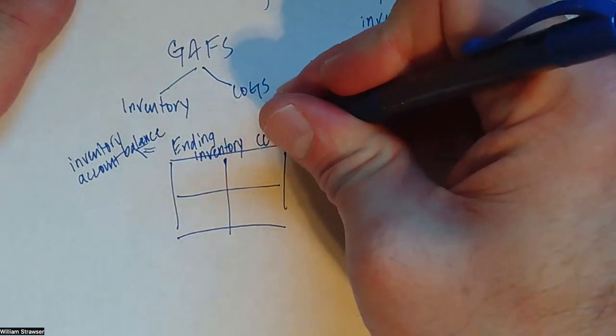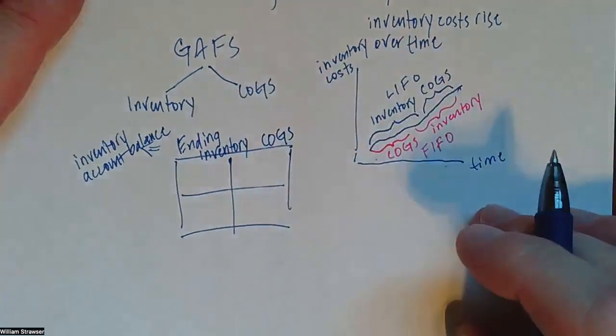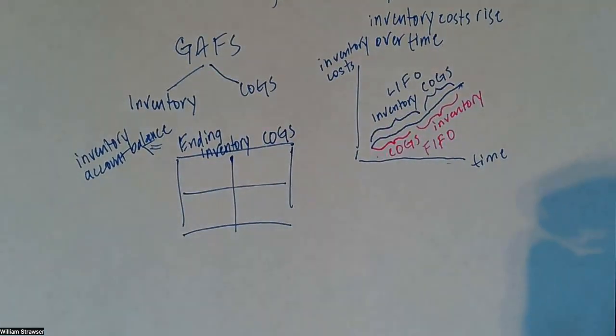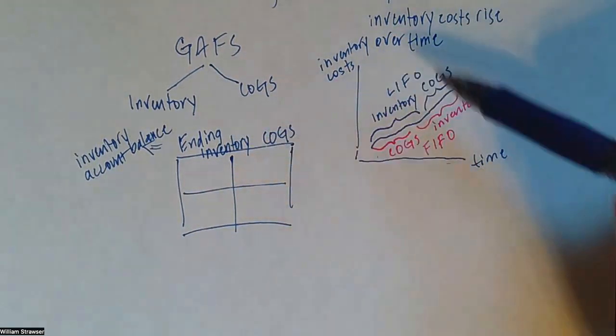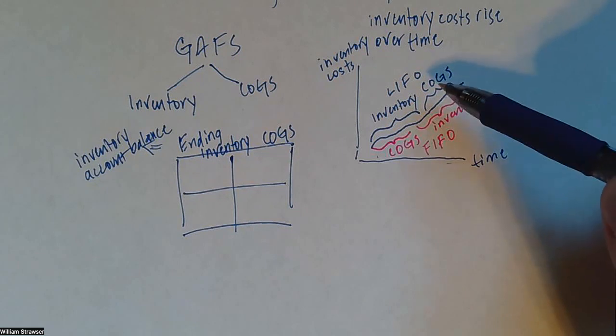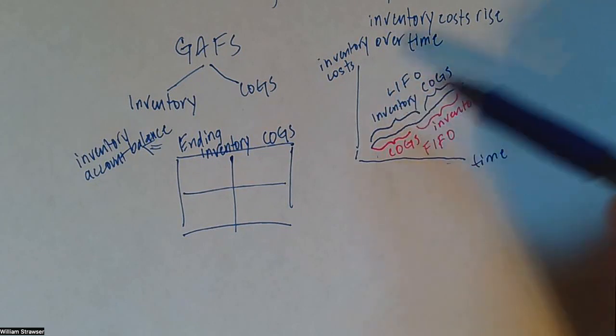Cost of goods sold is the second column. These are the only two things that a cost flow method will affect. It just affects how much I allocate to COGS versus how much I allocate to inventory.